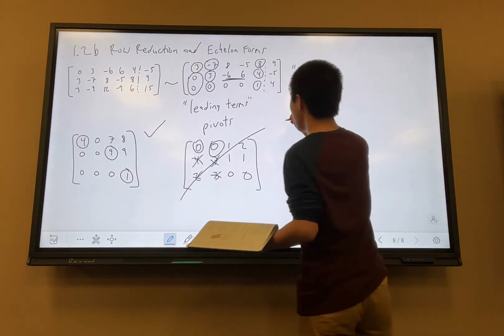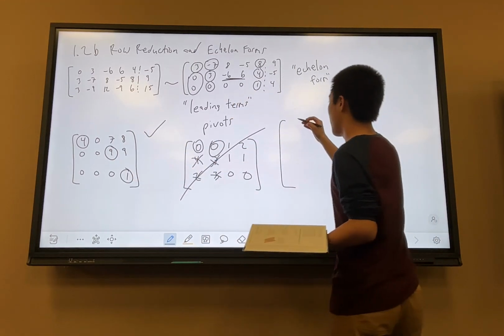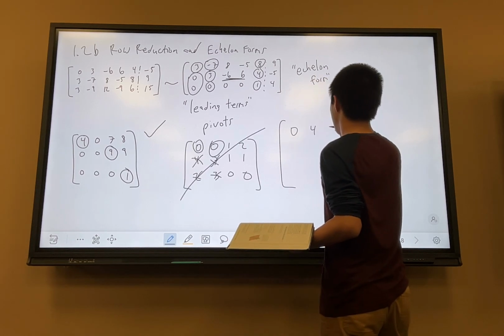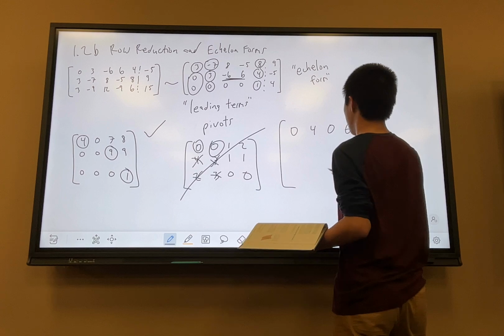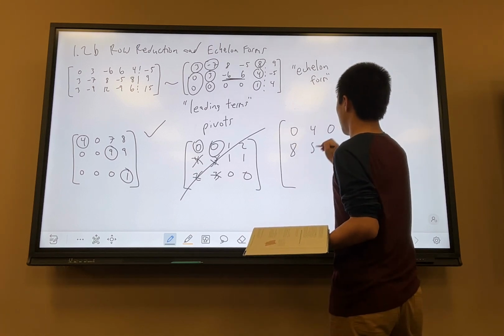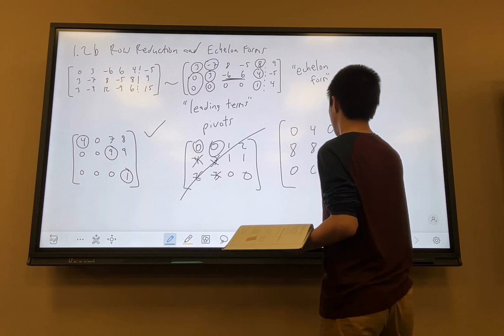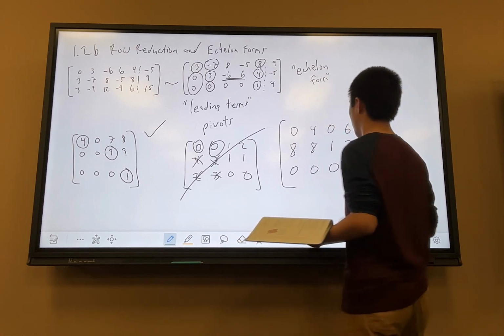However, what we can't have is something like 0, 4, 0, 6, and then 8, 8, 1, 2, and then 0, 0, 0, 3, okay?